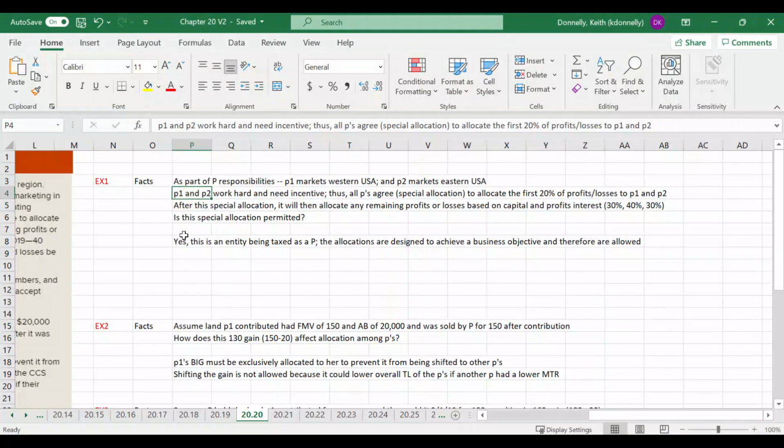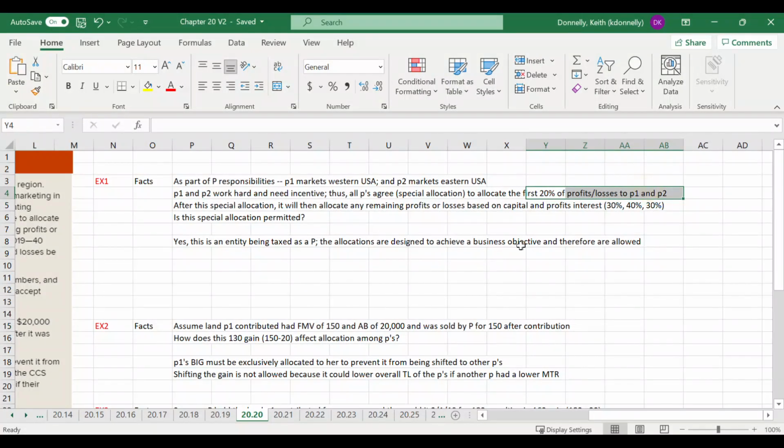This is showing a partnership saying, whenever we make money, we want the first 20% of the profit or losses to go to partners 1 and 2. After this 20%, the remaining 80% of profits, we want to allocate by virtue of the capital and profits interests, 30, 40, and 30. Can we do this?